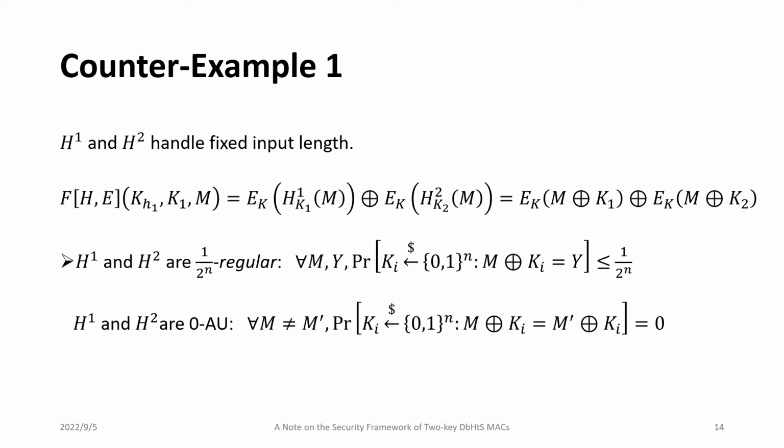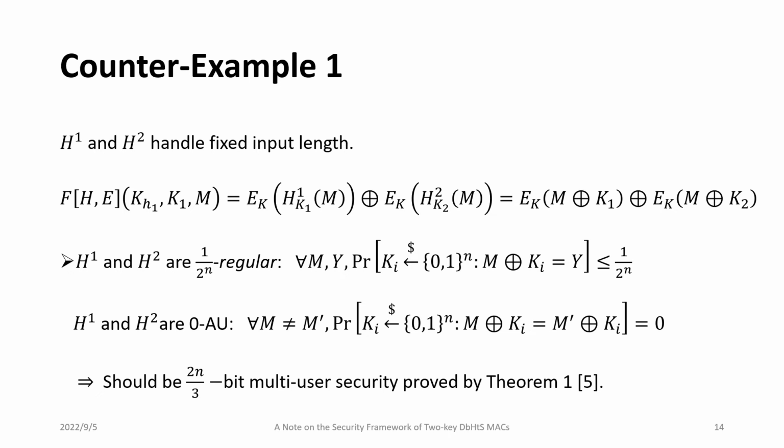For these two hash functions, for any m and y, when the hash key is chosen uniformly and randomly from n-bit space, the probability of the hash function hi with input m outputting y, that is to say, m XOR ki equals y, is no more than 1 out of 2^n. So h1 and h2 are 1/2^n regular.